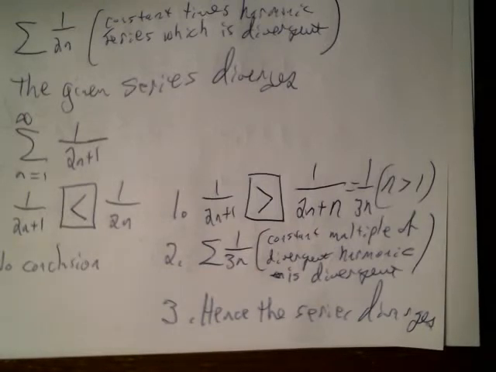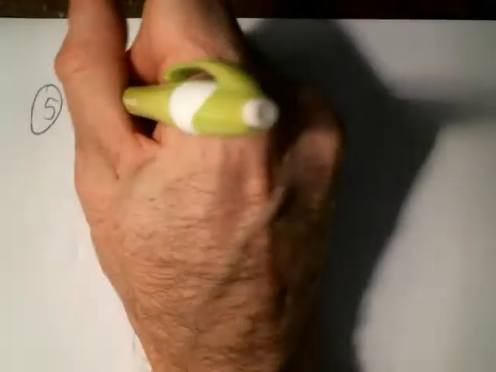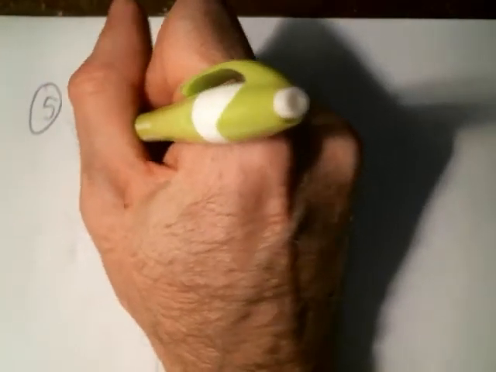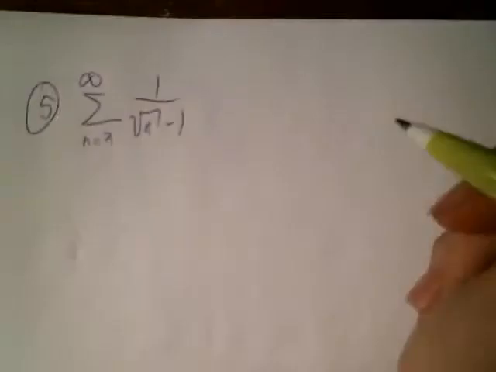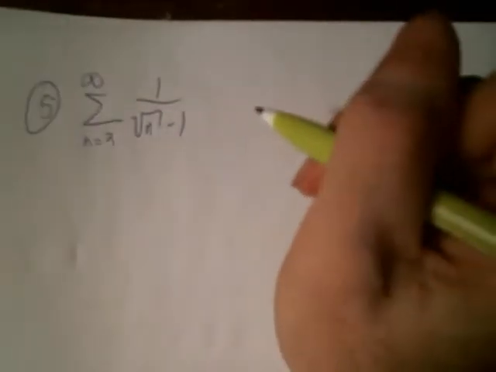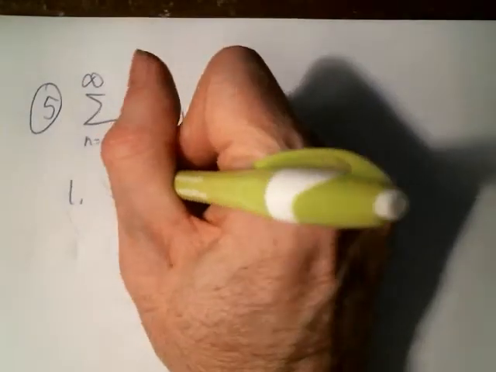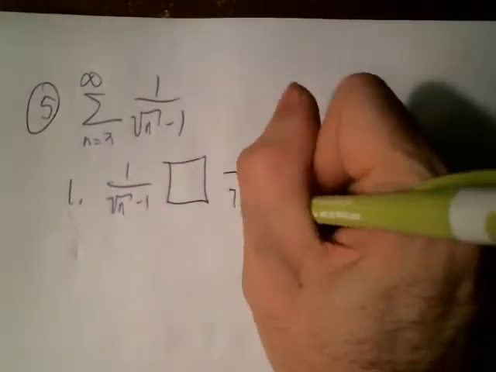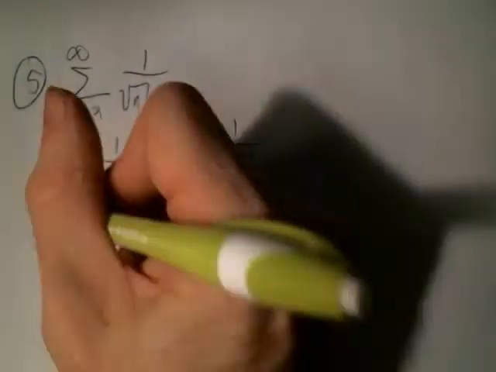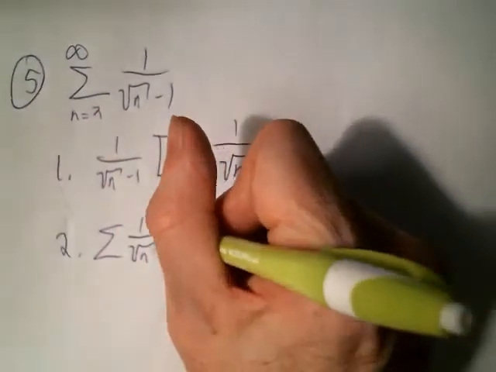Alrighty then. I guess we got one more. It's number 5. We have a series from n equals 2 to infinity of 1 all over the square root of n minus 1. So first, 1 all over square root of n minus 1, compare that to 1 over square root n. The series of 1 over square root of n is a p-series, right?